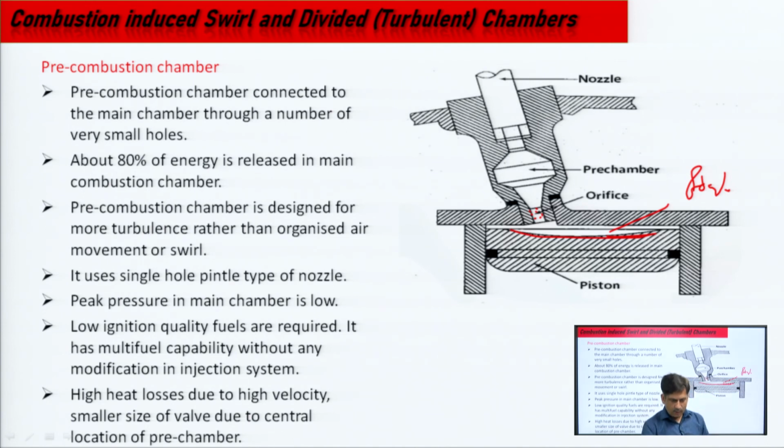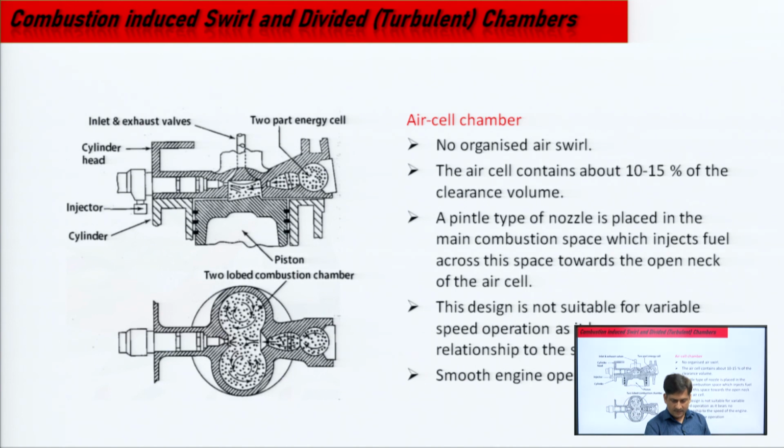So, this was all about the first type of combustion induced swirl, and the second type is the air cell chamber. You can see from this diagram, there is no organized air swirl in the air cell chamber, it is also combustion induced swirl. The air cell contains about 10 to 15% of the clearance volume.